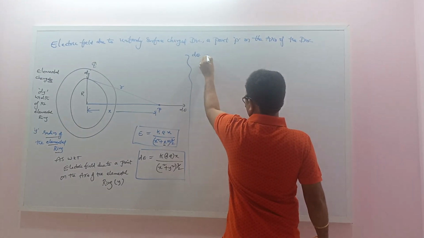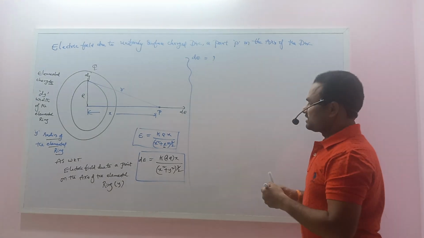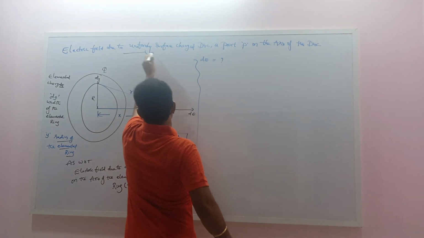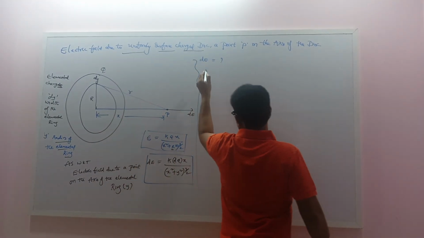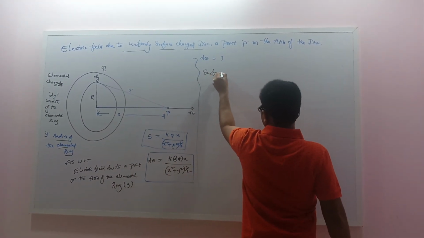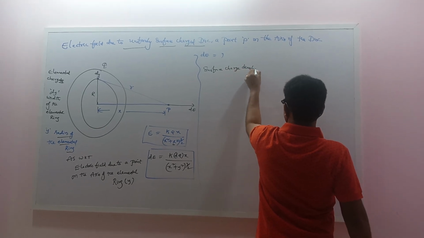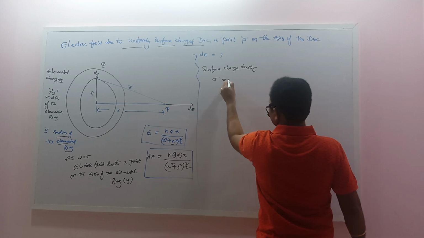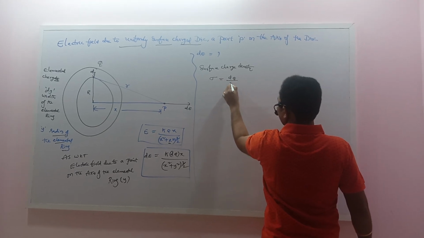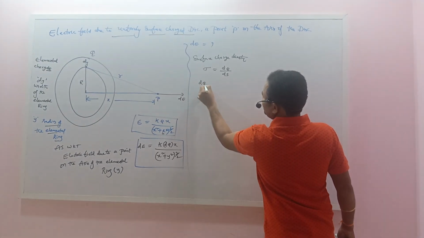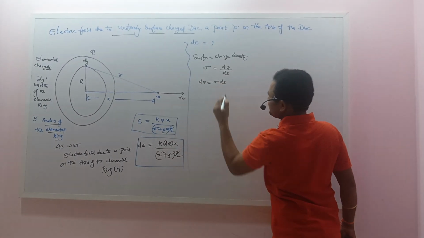So our aim is to calculate dE. First, this is the electric field due to a uniformly surface charged disk. The surface charge density sigma is equal to dq by ds, so dq is equal to sigma ds.